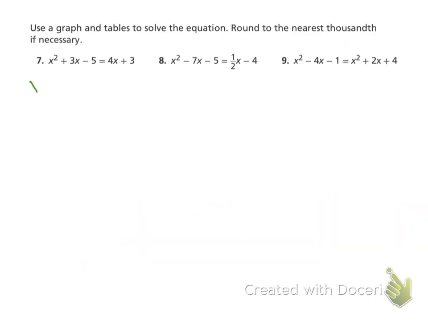All right, number 7. I graphed it and got approximately negative 2.3 and 3.4. If you're within a tenth, that's fine.